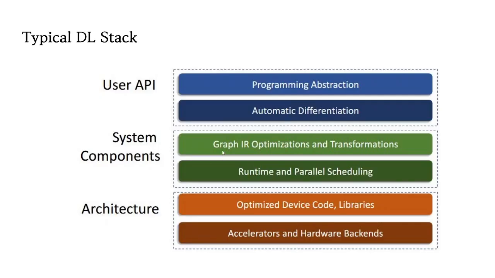The systems component also includes the part which does optimization on the computation graph and the kind of transformations which are applied. So these we would probably call under the name of machine learning compilers. The runtime environment, which PyTorch includes, takes care of runtime and parallel scheduling.